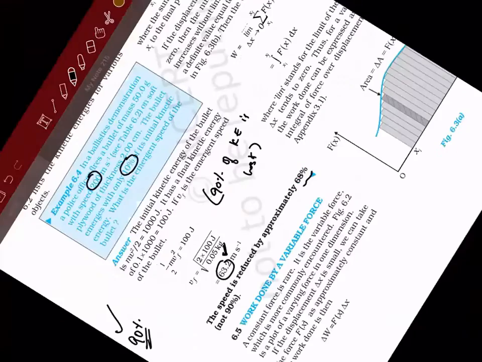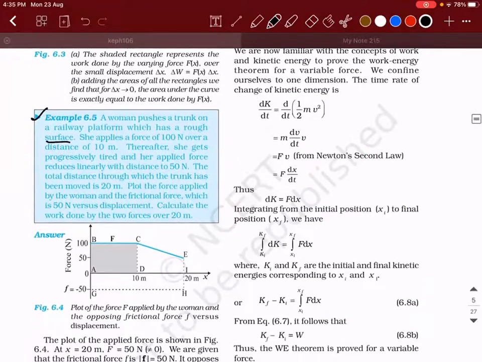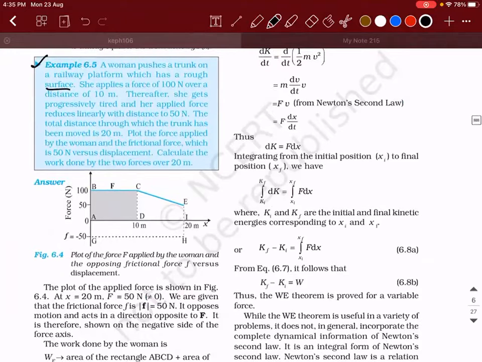We'll move on to the next problem. We did 6.4, now we'll do 6.5. A woman pushes a trunk on a railway platform which has a rough surface. She applies a force of 100 Newton over a distance of 10 meters. Thereafter, she gets progressively tired, and her applied force reduces linearly with distance to 50 Newton.